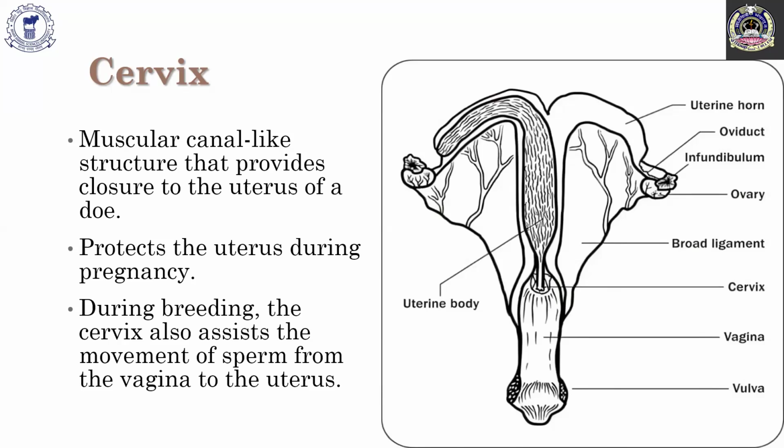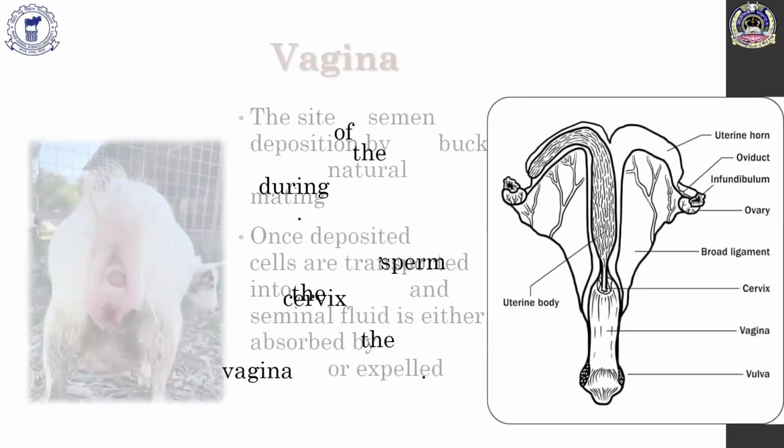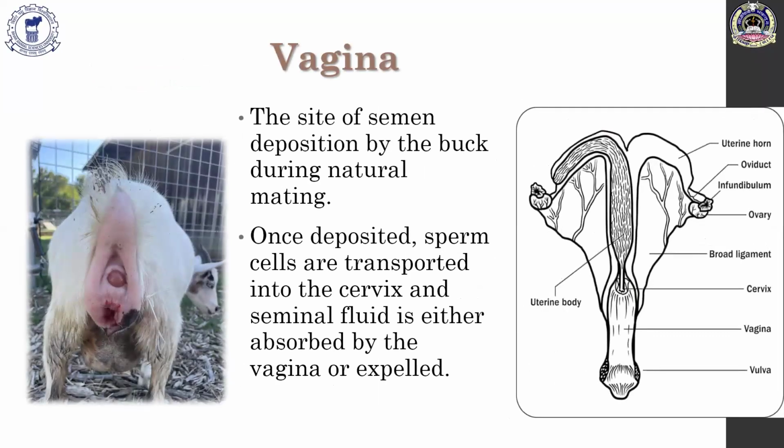No infection, no external agent should enter the uterus and disturb the pregnancy. It is checked by the cervix only. During breeding time, this cervix also assists the movement of sperm from the vagina to the uterus. So it acts like a passage and also protects the uterus.